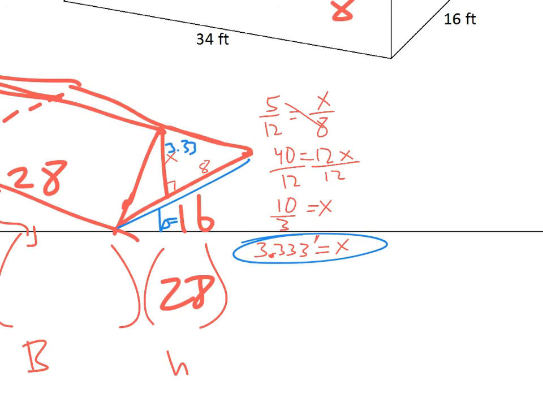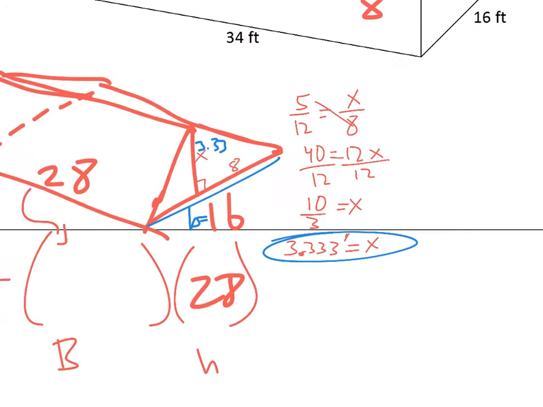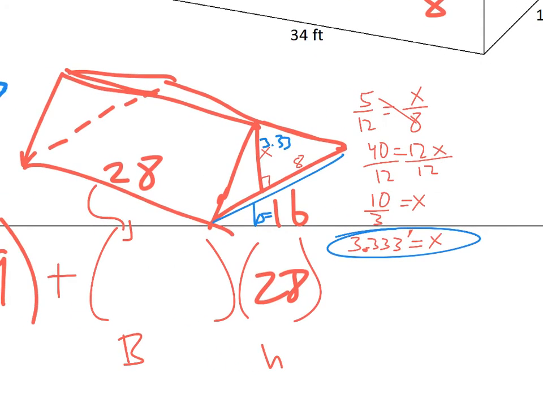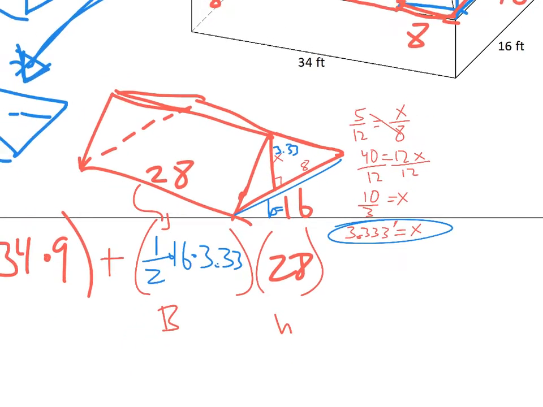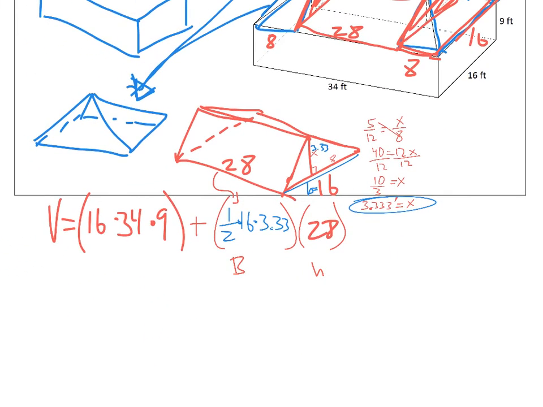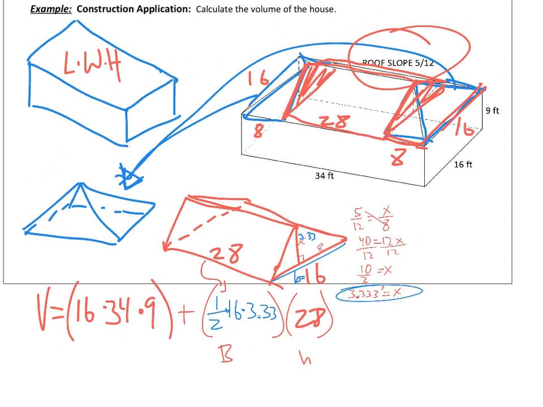So the area of that triangle is 1/2 times the little base times the height of 3.33. That whole thing is going to be the volume of that middle part.